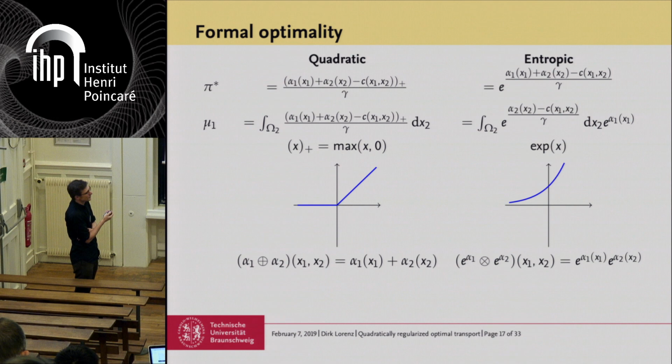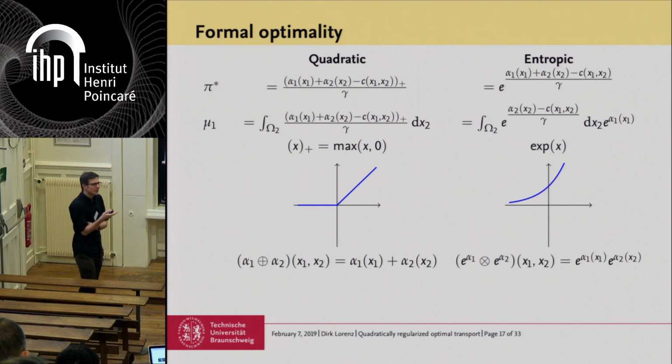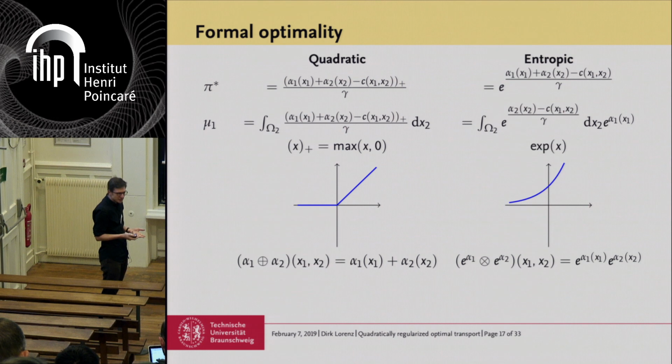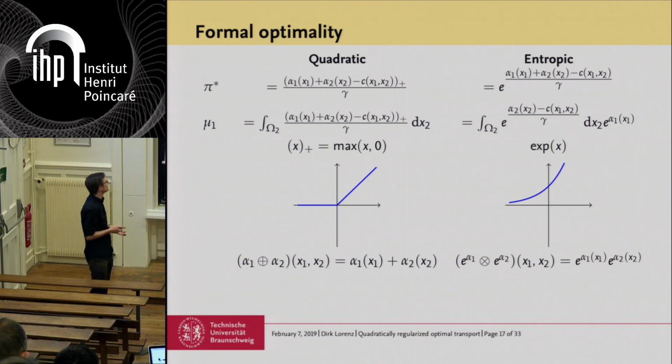It's non-smooth, and also you don't have this multiplicative structure anymore. Where you had e to the alpha 1 times e to the alpha 2, you now have alpha 1 plus alpha 2, and that's it. And you always have to work with these kind of strange outer sums, and I don't really know how to make sense of it, but this is the structure that you see there.